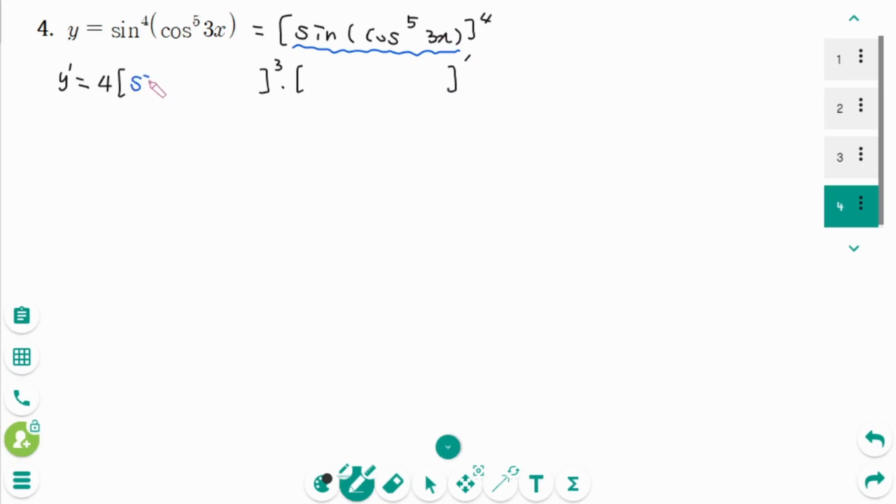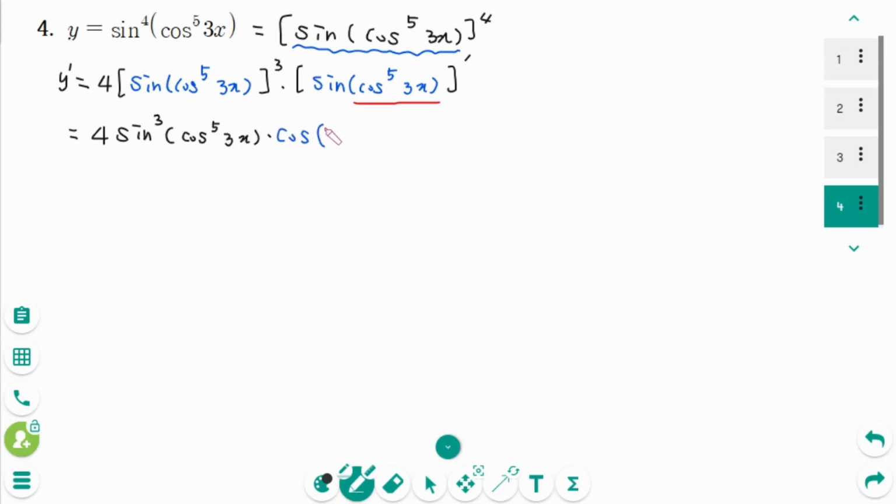The inner function is sine of cosine to the power of 5 of 3x, equals 4 sine to the power of 3 of cosine to the power of 5 of 3x times, now u equals cosine to the power of 5 of 3x. So sine u prime equals cosine u times u prime.